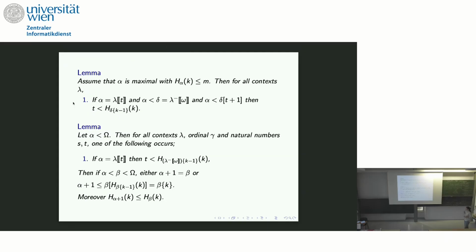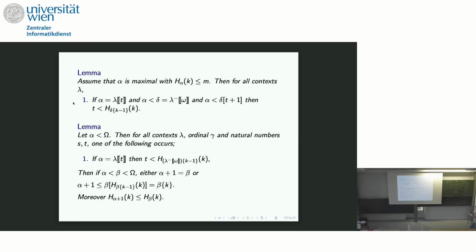And in order to prove monotonicity, I use these lemmas about the ordinals. So I say, if alpha is maximal in my normal form, it has nice properties. If it has these nice properties, which I prove here, then I am able to say that h alpha plus 1 of k is less than or equal to h. So I'm able to say something about the difference between normal forms where they have different ordinals.